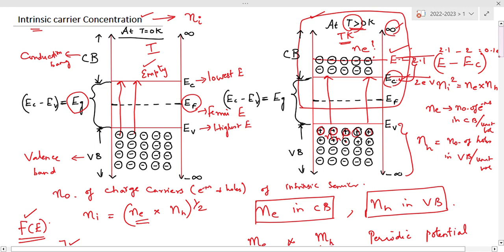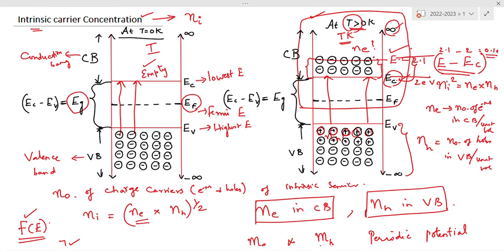Therefore, E here should be replaced, compared with E in metals for the density of states expression. In the case of semiconductors, E should be replaced by this range, E minus EC, which is equal to some amount of energy. Just like here I have considered 0.1 electron volt, in generalized form it is considered as x kBT.